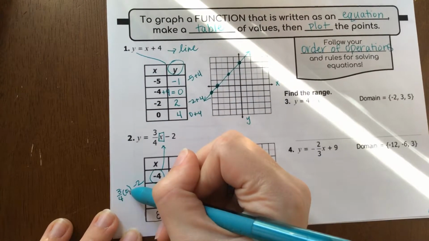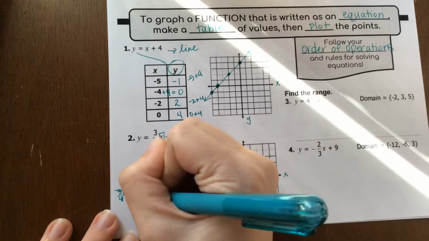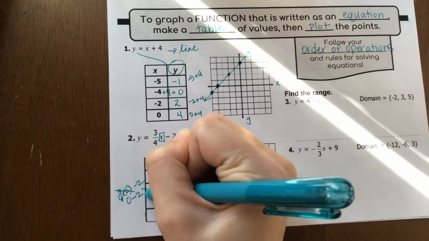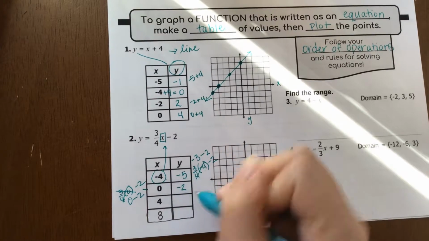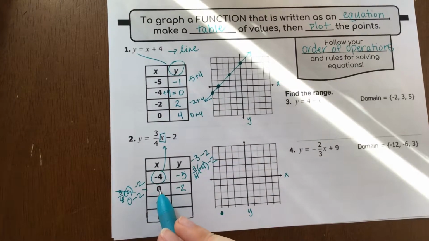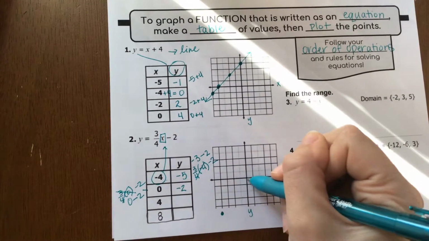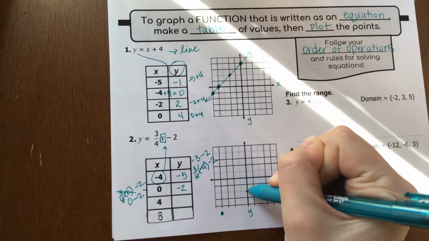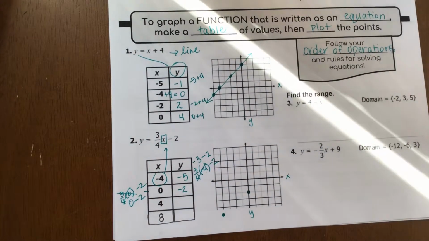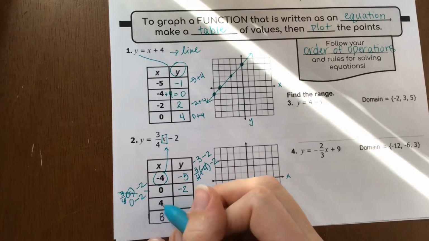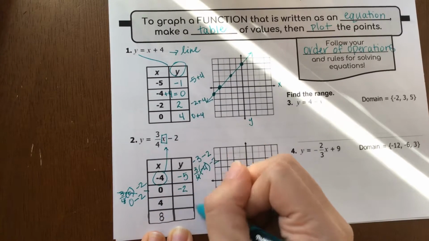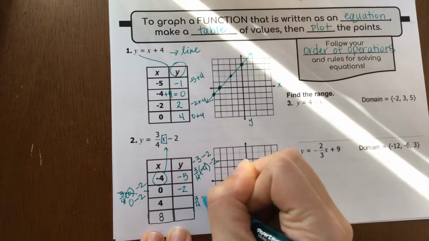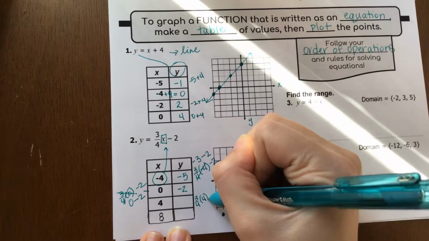So 3/4 times 0, that's just 0. And then subtracting 2 from that, 0 minus 2 is -2. So we have a point at (0, -2). Okay, next one, for the number 4, or an x value of 4, we have 3/4 times 4.